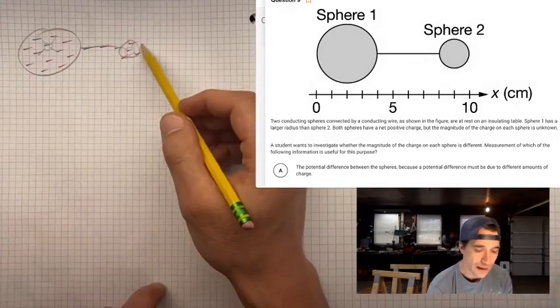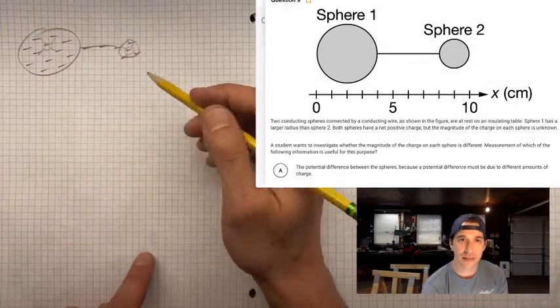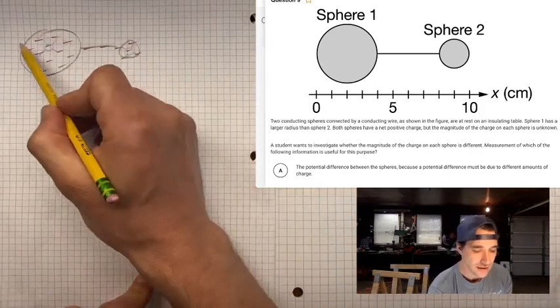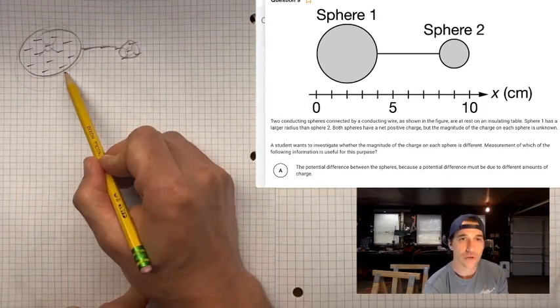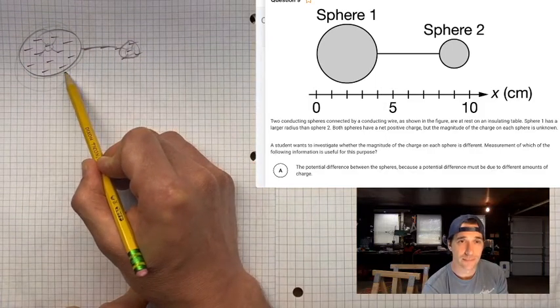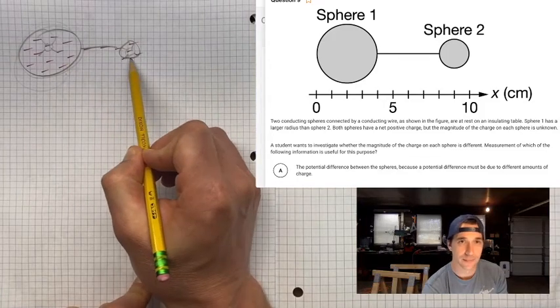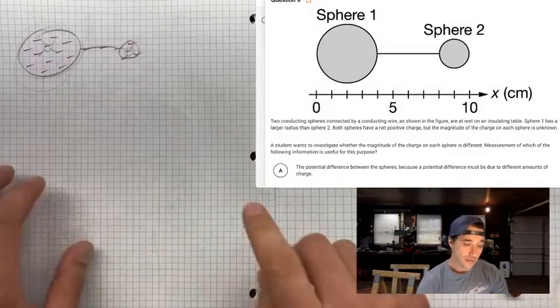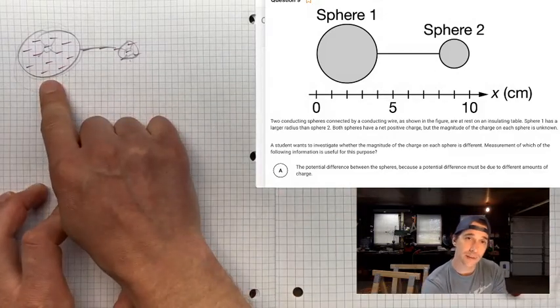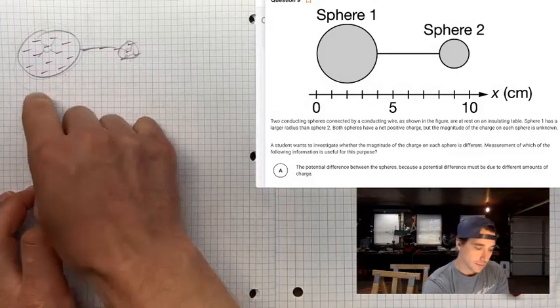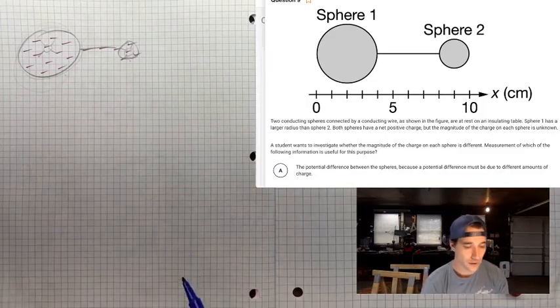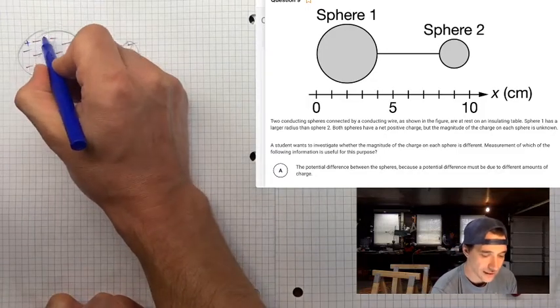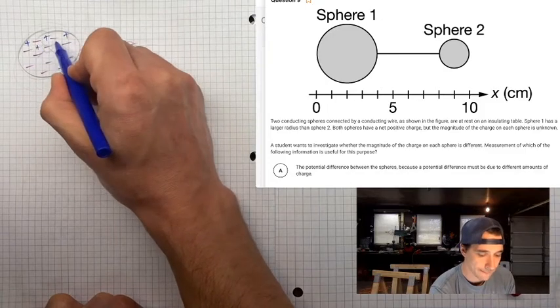So just by doing this type of drawing and diagram, we can really reason that there's more charges within here than there are in here. Right? What you have to remember is there's actually more positives in here as well, right? So throughout here, we also have a whole bunch of positives.